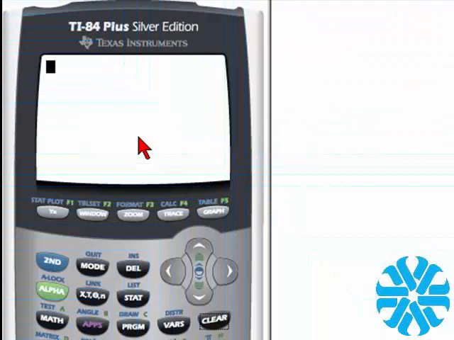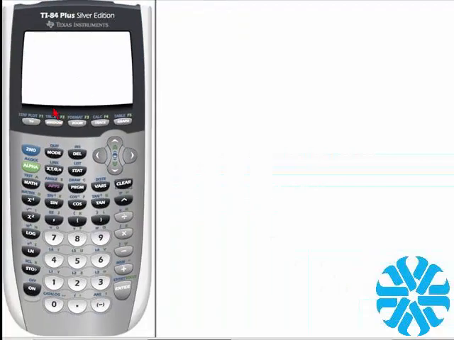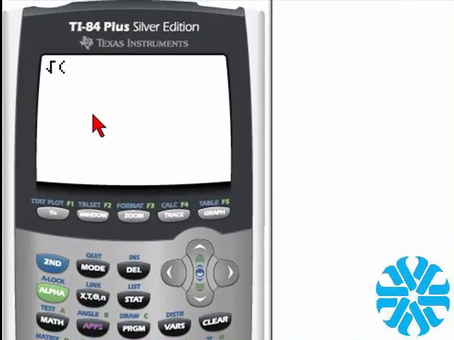One final thing that I really want to emphasize here is this point. If we go to second function and then the root key, anytime you see a square root, a cube root, or the nth root, and you have a left-hand parenthesis to start the computation inside the radicand, it is assumed that everything after the parenthesis will be inside the radicand.